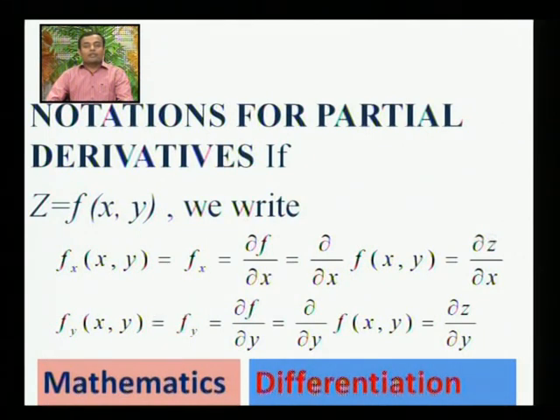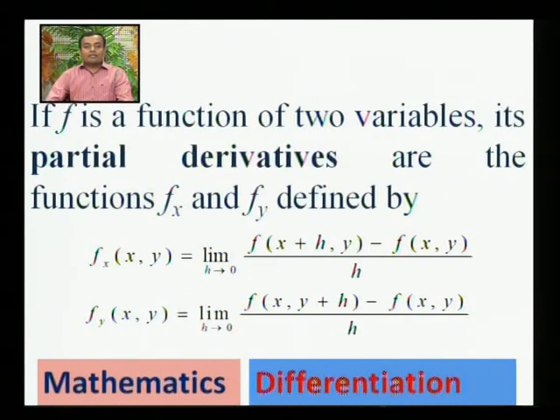Similarly, for the partial derivative with respect to y, you can see the second term here, f_y(x, y), that is the limit as h tends to 0 of f of (x, y plus h) minus f(x, y) upon h. You can see the first variable here is fixed, that is x, and there is some change in the second variable, that is h.